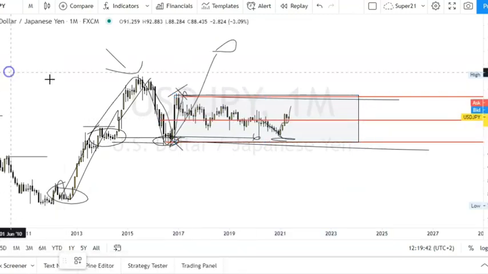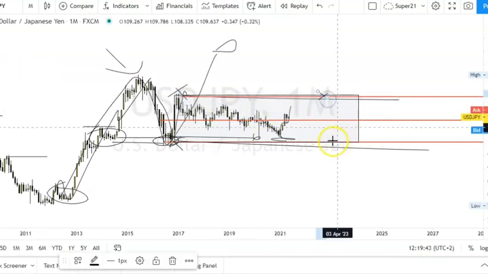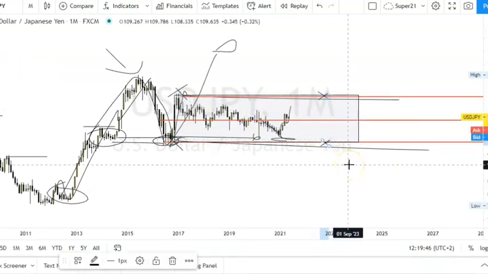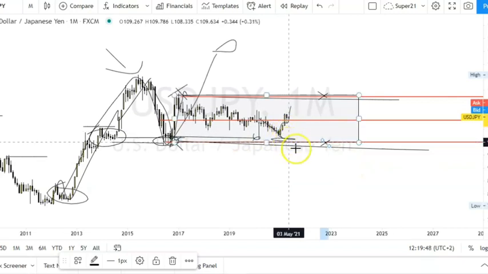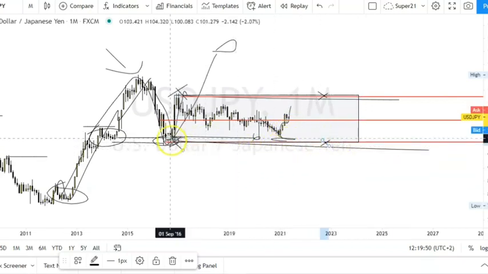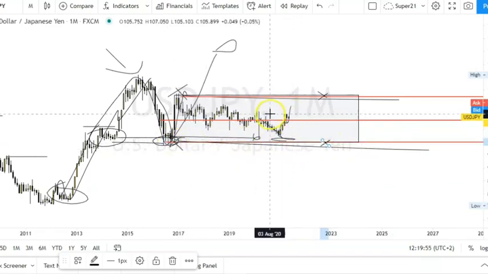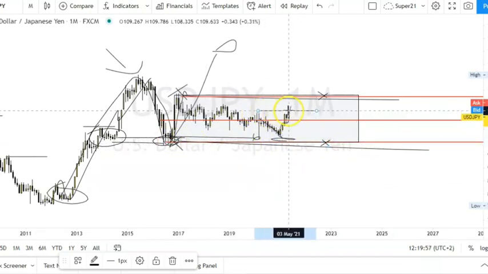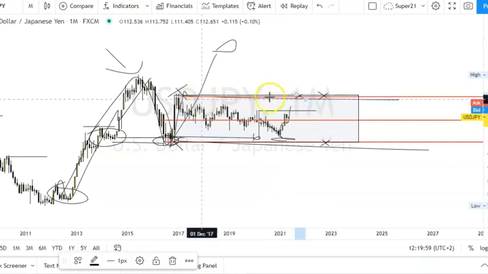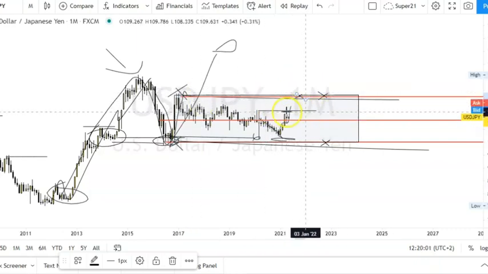There are always two ways in this. Either the price is working for this or it will be working for this one. But as we can see, price did work this area, even though it wasn't exactly the same number, but around this area. So now we'll be looking at the first target and the second target as this one. From there, we'll see how the price reacts from that area.